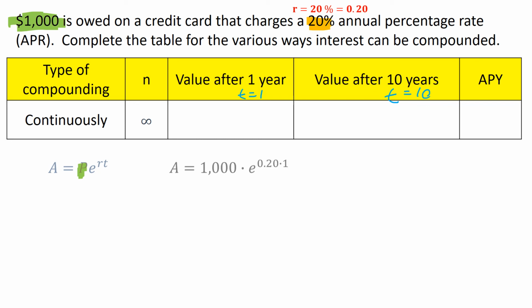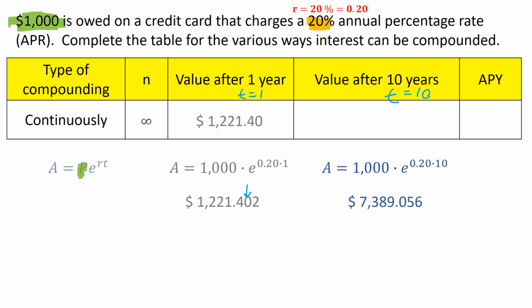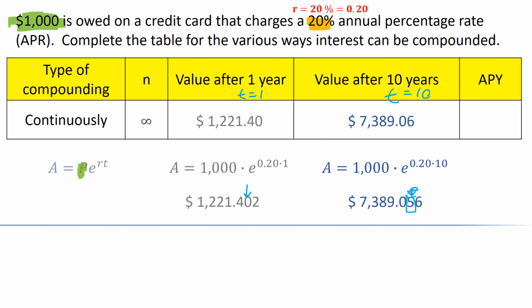So you just substitute into the formula and make sure you round off to the nearest cent, hundredth. So we get that for the first one, and then just substitute 10. All right, so this is a 5, but the 6 afterwards is going to cause it to go up. So you get 7389.06.